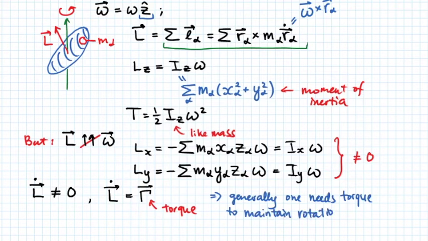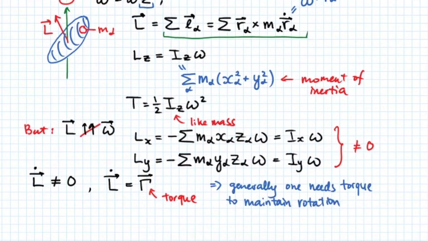We will summarize our result in a more general notation. We will write that the three components of the total angular momentum will be given by coefficient I sub x, and then we give a second subscript z, which will indicate that in our choice of coordinate system, omega is parallel to z hat.